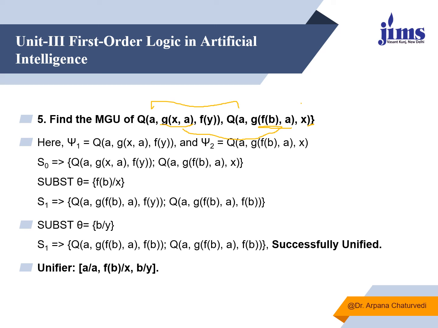Now when f(b) replaces x, this x also becomes f(b). So the third argument which we need to unify is f(y) and f(b). So we can cancel f with f and we can substitute y with b. So we have unified the entire given problem statement successfully.